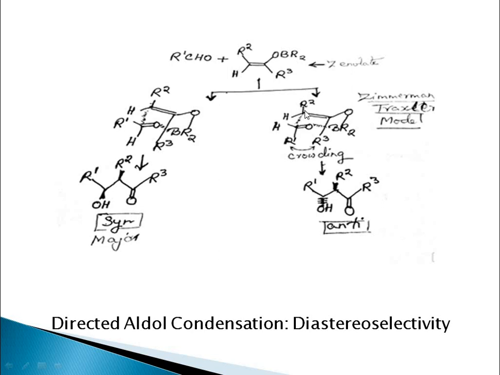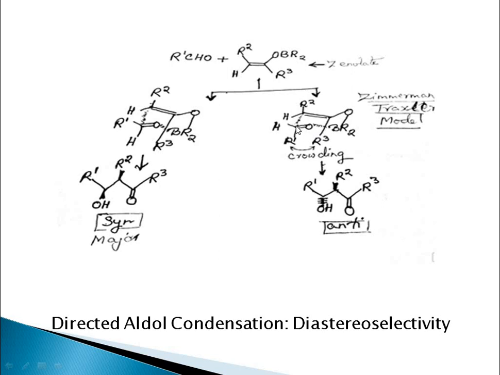So this is R2CH double bond C-O-BBr2, and R1CHO can approach this carbon because electrons are being pulled towards oxygen. So this carbon becomes positively charged and attracts this pi bond. It can do so in such a way that R1 and R3 are along the same side.